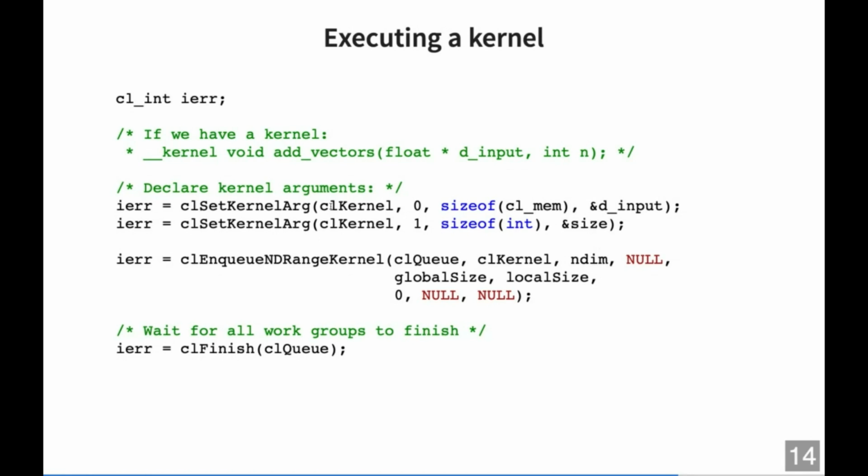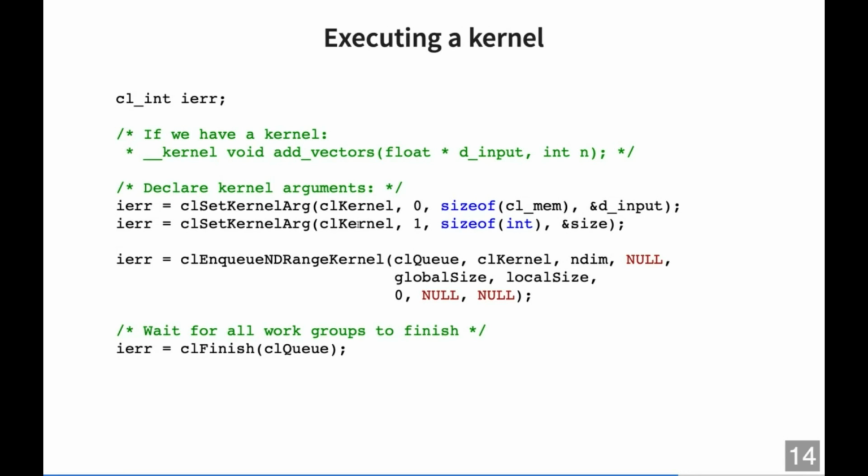So if we imagine we had a kernel, which is up in this comment at the top, which is void add_vectors, which takes a first argument, which is a pointer to float, and a second argument, which is just an integer, we would declare via this clSetKernelArg that this kernel takes a first argument, that is argument 0, the size of which is the size of one of these memory references, cl_mem, and then the last argument there is the address of that reference.